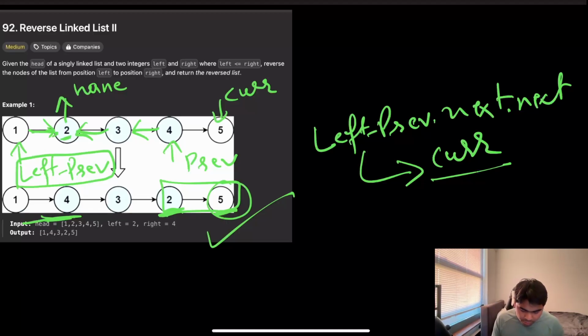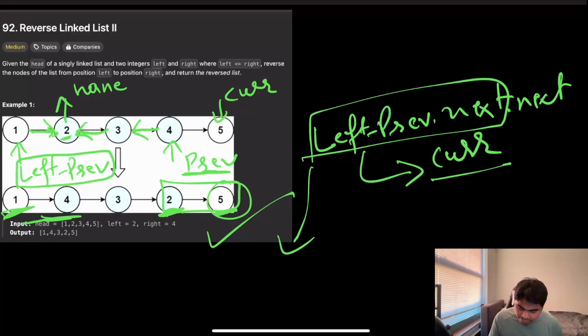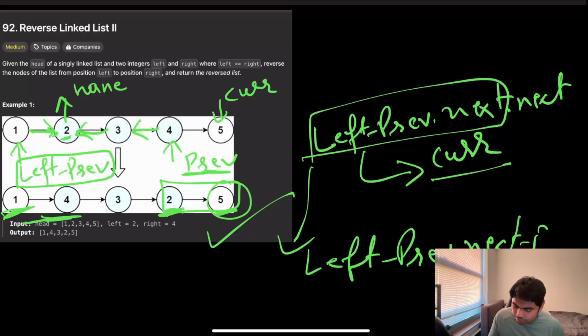Now the remaining thing is that 4 needs to be pointed to from 1. So left prev dot next would point to prev. I know this was the critical point which was holding the beginning and the end of the list.